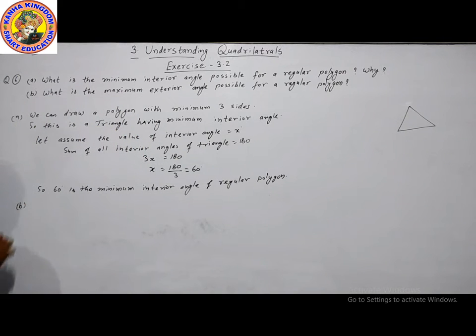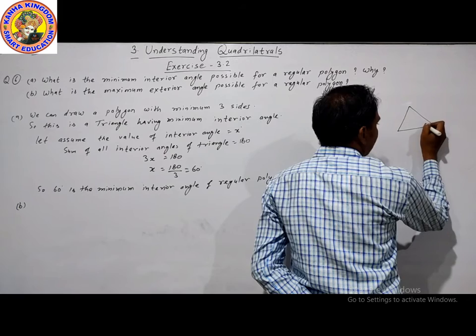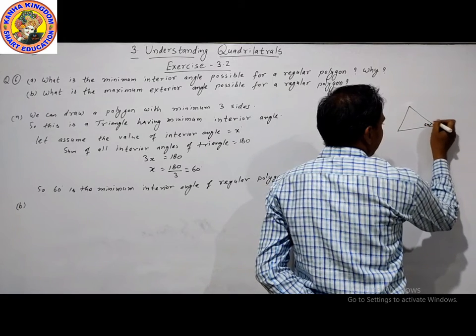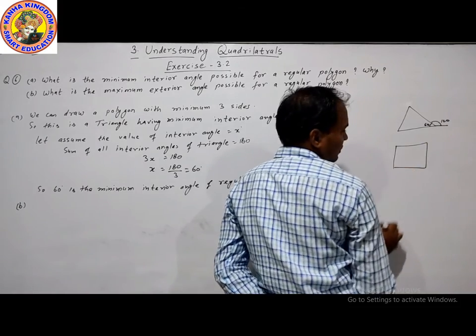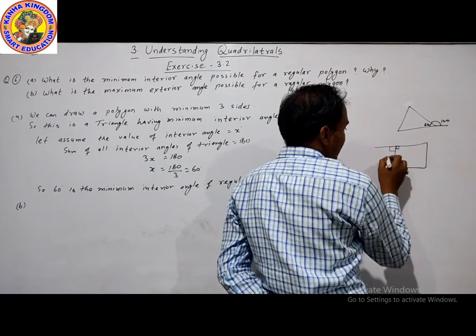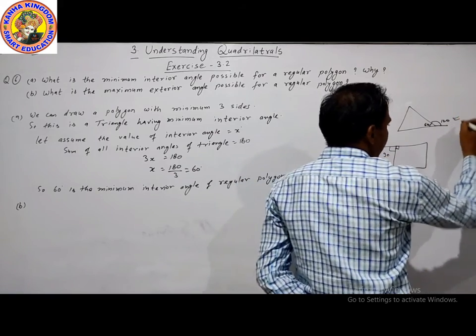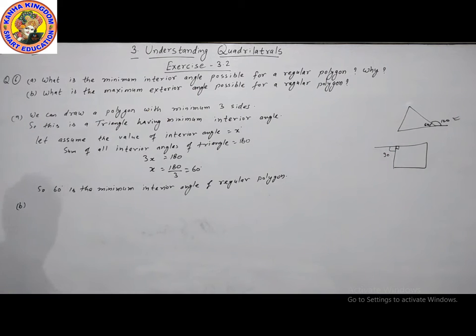Now in part B, what is the maximum exterior angle? If the interior angle is 60, then the exterior angle is 120. If I draw a square, the exterior angle is 90, so 120 is the largest, in a triangle.